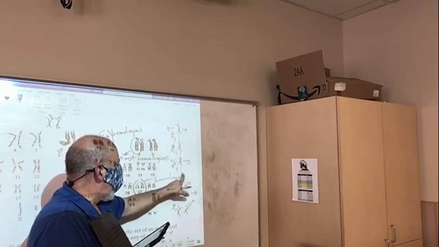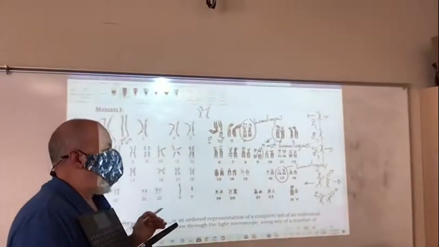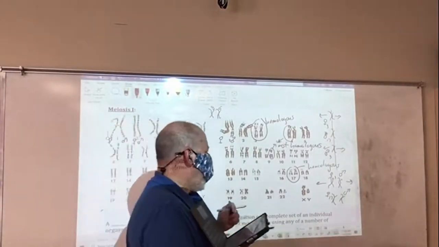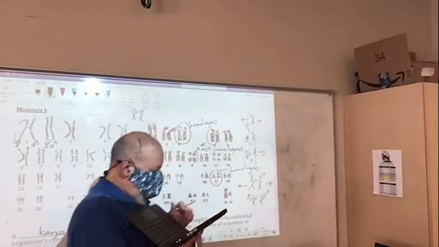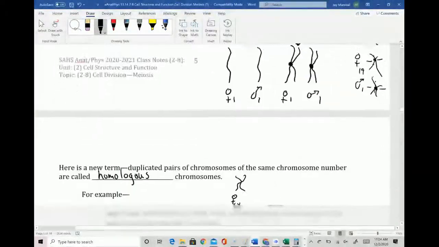The pairs don't line up. All of the duplicated chromosomes line up, and they're all going to go one way. So let's keep this term homologous in our mind as we try to make more sense out of this.